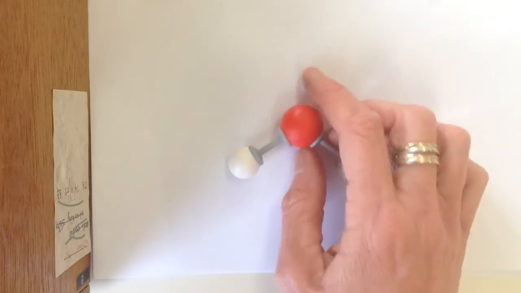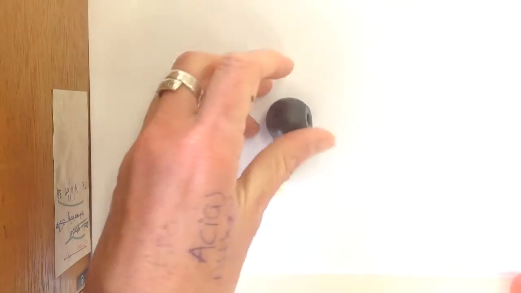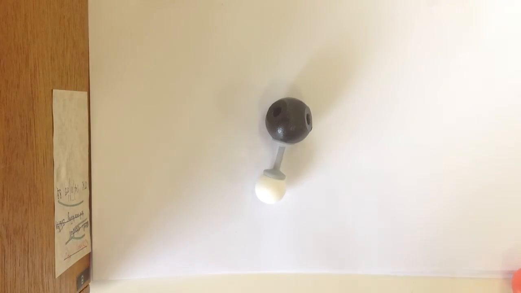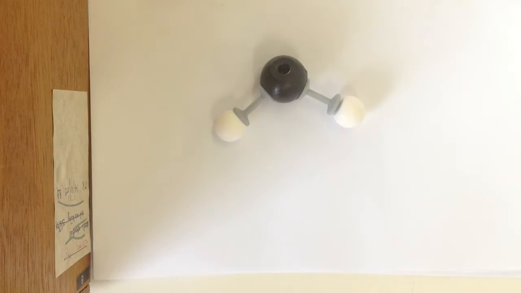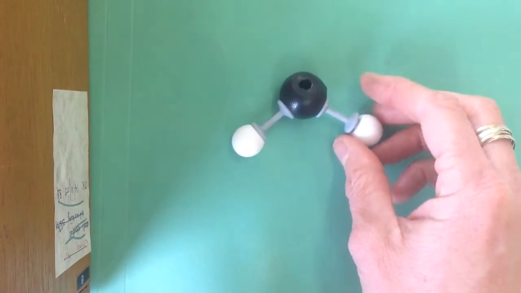Methane is the next molecule it wants me to make, which contains 1 carbon and 4 hydrogens. There's my carbon. I got 1 hydrogen. 2 hydrogens. I might change the background, guys, if I'm using a lot of white. How's that? There we go.